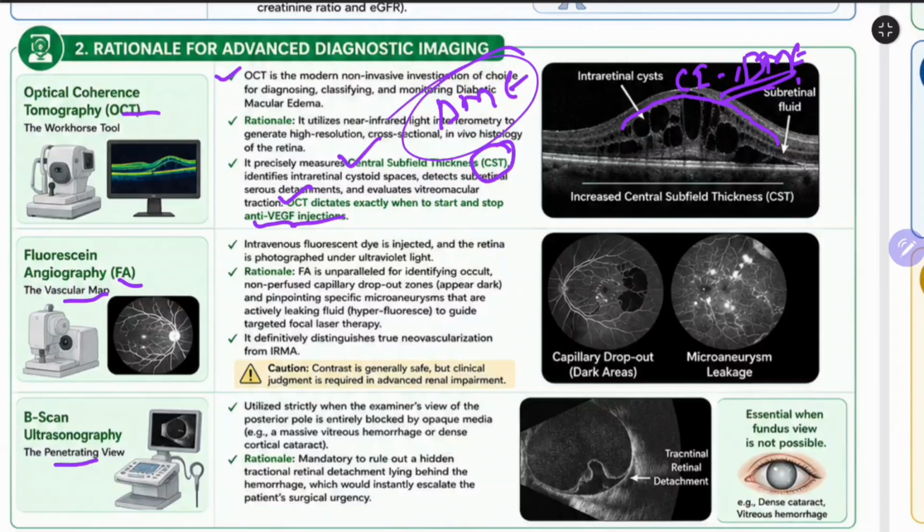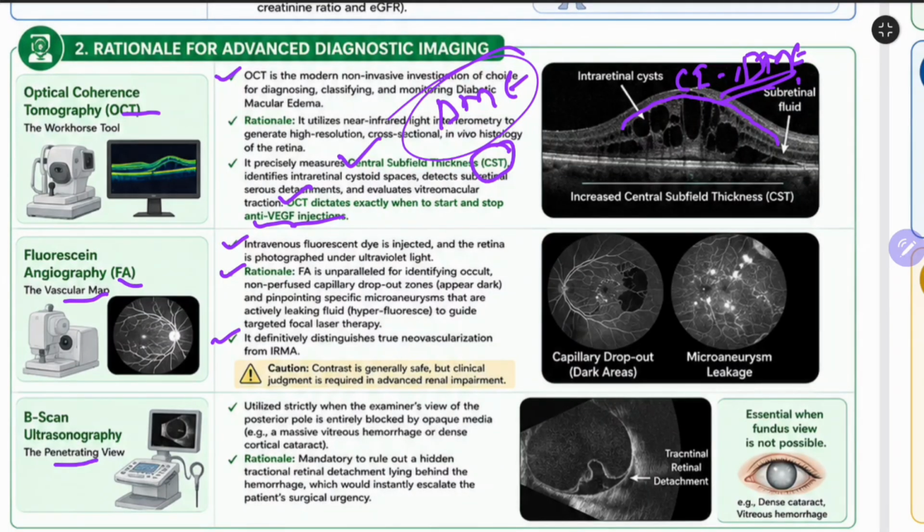Okay, now coming to fluorescein angiography. Intravenous fluorescein dye is injected and the retina is photographed under UV light. What is the rationale? Fluorescein angiography is unparalleled for identifying occult, non-perfused capillary dropout zones, which appear dark, and pinpointing specific microaneurysms that are actively leaking and hyperfluoresce, to guide targeted focal laser therapy. It definitely distinguishes true neovascularization from IRMA.